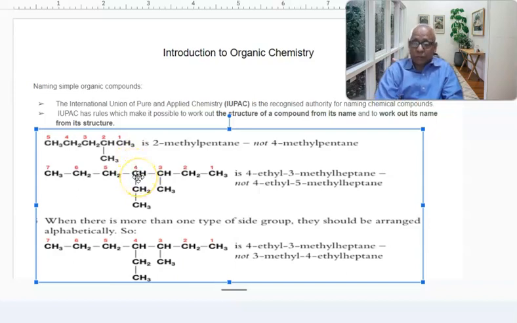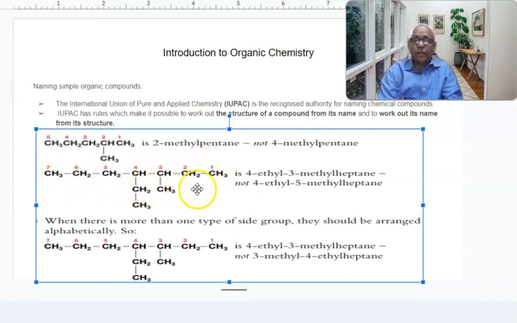Similarly, we go for the next one. We look for the long chain carbon, and here you see that if we count the number of carbon, 1, 2, 3, 4, 5, 6, and 7. In any way, if you count from here, go there, you don't get 7. If you count from here, go there, you don't get 7. So this is your long chain carbon.